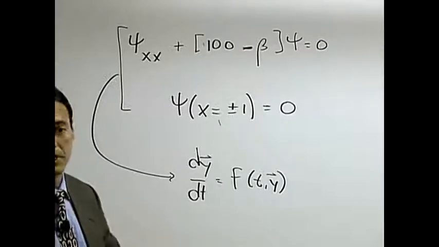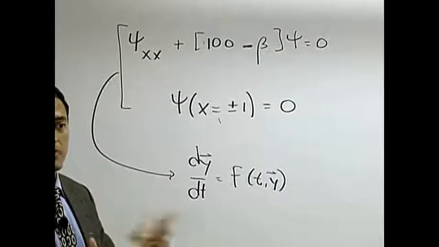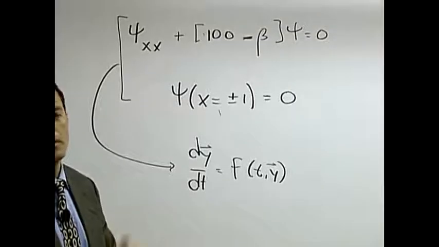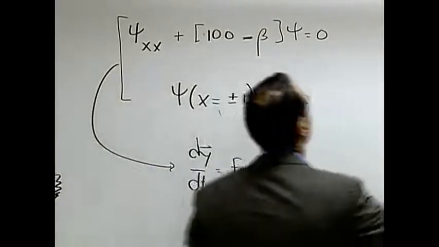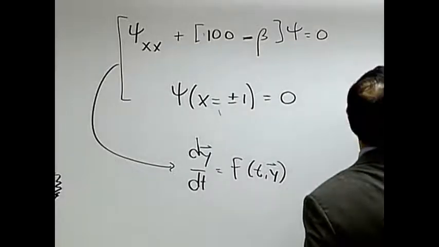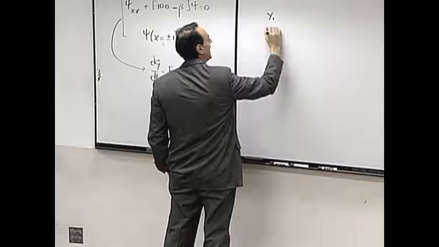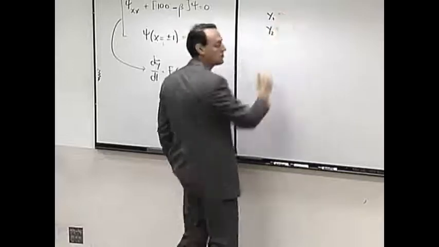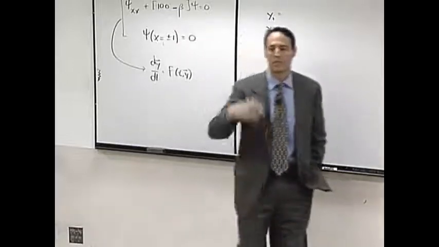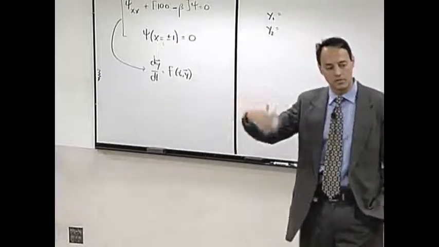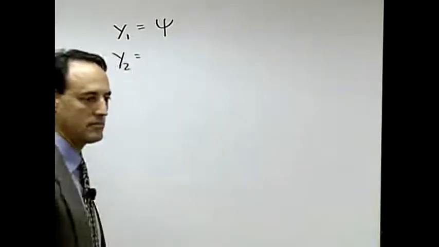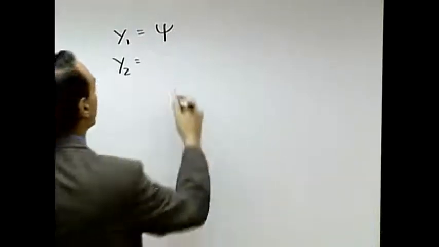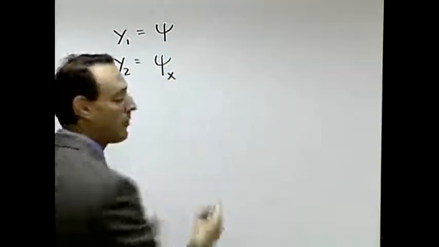So what I'm going to do is make a transformation. I'm going to define some new variables. Let's call them y1 and y2. Okay? All right, so, and here is what I'm going to do. And this is the standard process for turning any differential equation into a system of first-order equations: you say my y1, let's make that psi, and my y2 will be the derivative of psi.